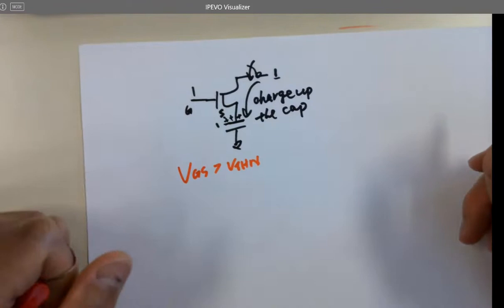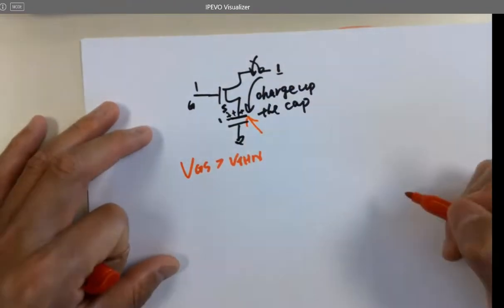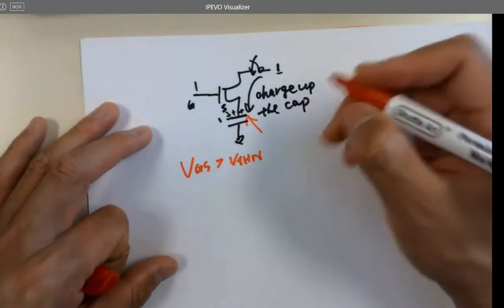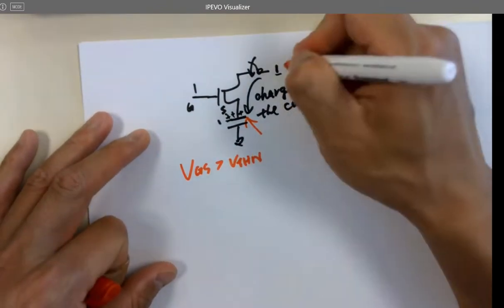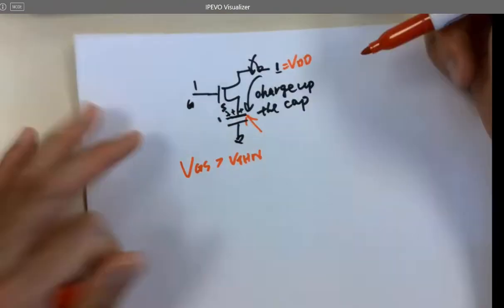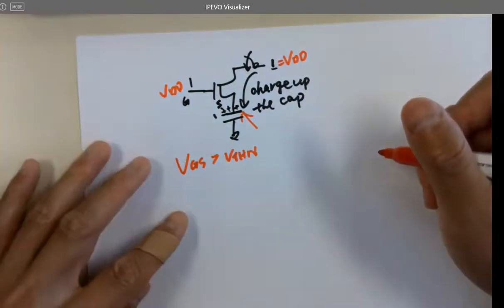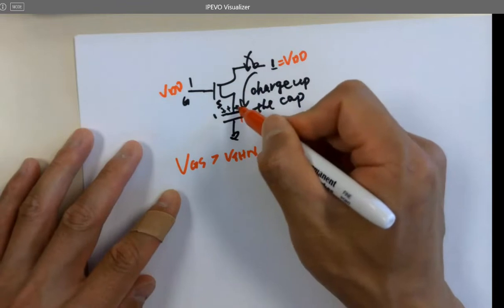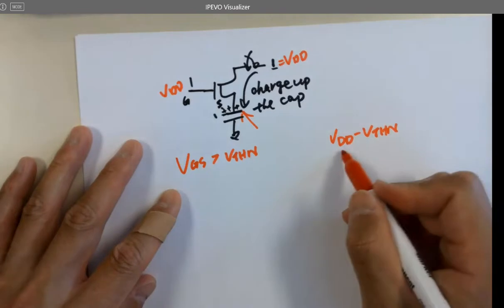So what's the largest voltage that can be reached at the cap? For example, this is called VDD, okay? And for digital circuits, what's the voltage for logic 1? VDD. And VDD starts charging up the cap until some point.